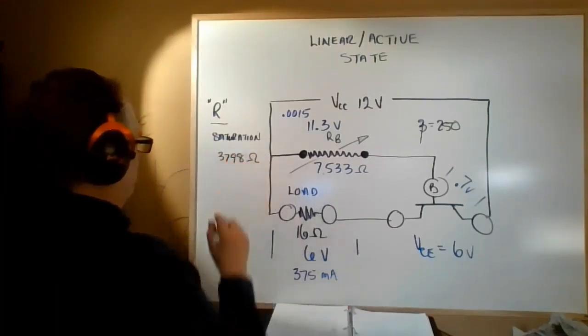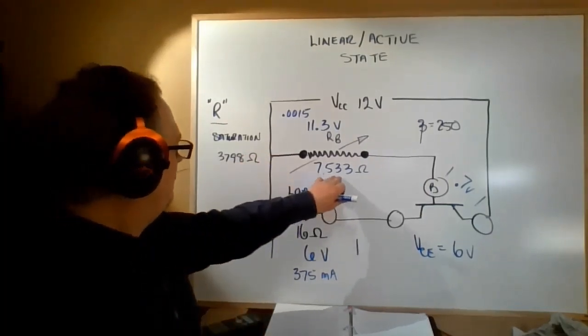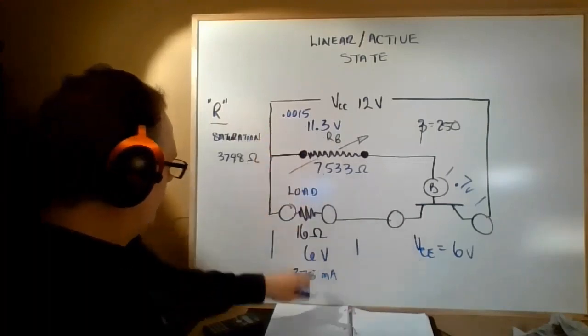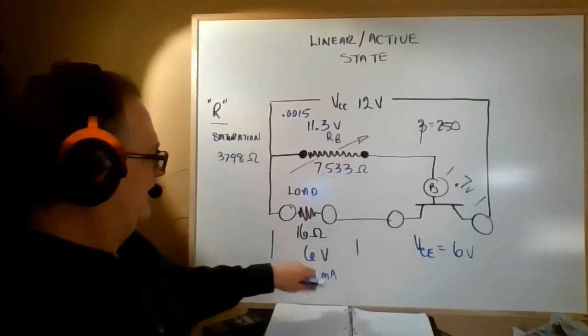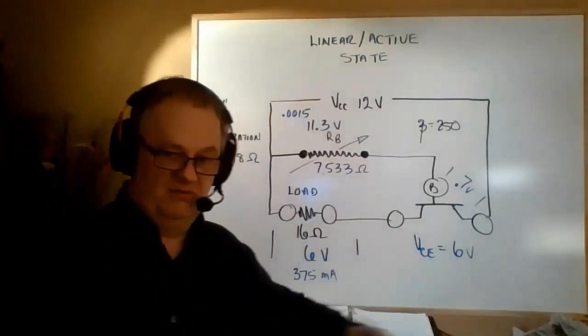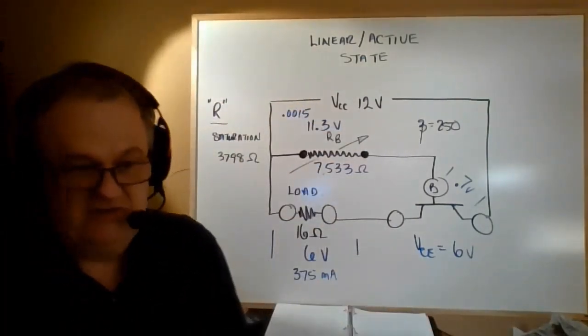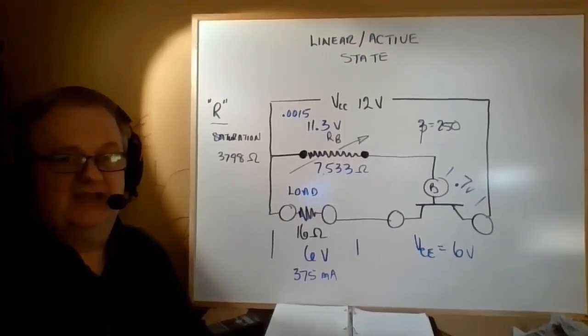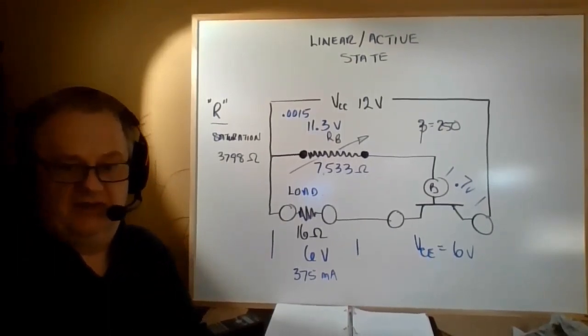So we would reduce this resistance down to 3,798 ohms, which would raise this current, and we would be sitting at 11.9 volts and 0.1 of a volt VCE, and we would call that saturation. So just so you see where we would go with that: right now we're in the active linear state, and that would take us to saturation.